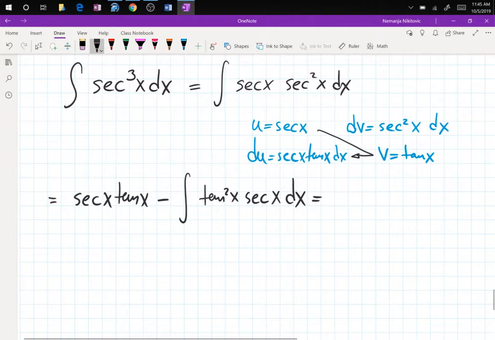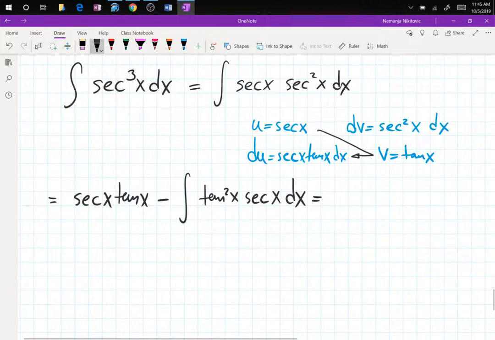So derivative of secant is secant tangent, integral of secant squared is tangent, and we have now this problem. So what do we see here? Can we solve this?